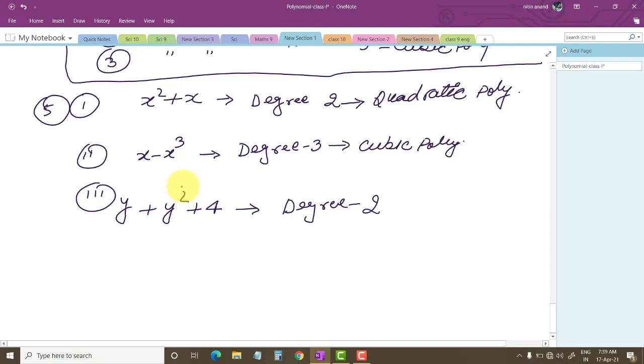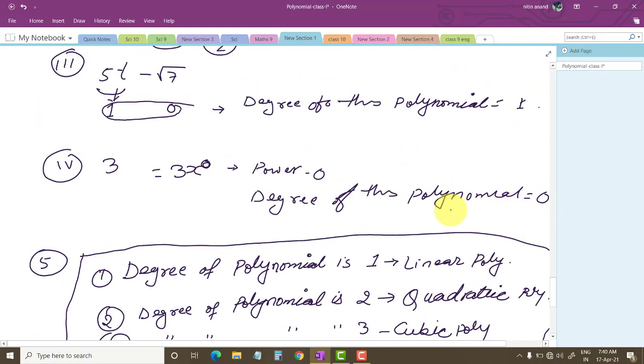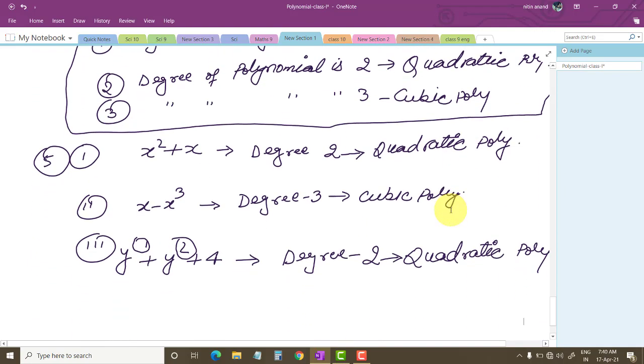Where there is no written power, we can say 1 is the power. Then, as the maximum power of the variable is 2, this polynomial is known as a quadratic polynomial. Clear?